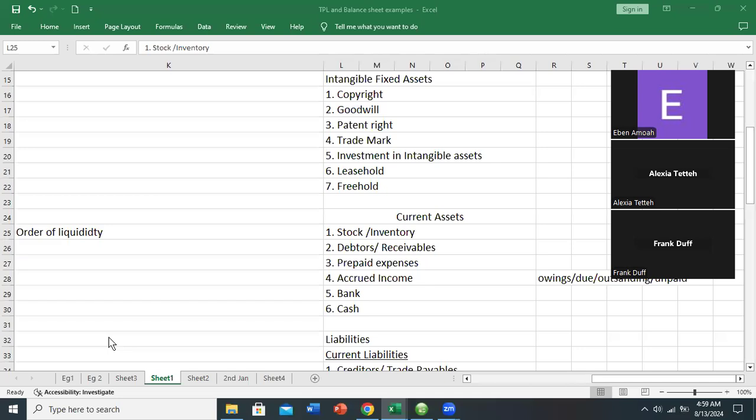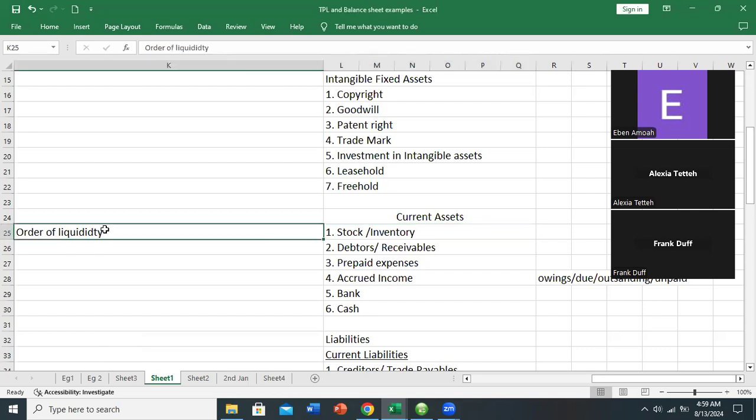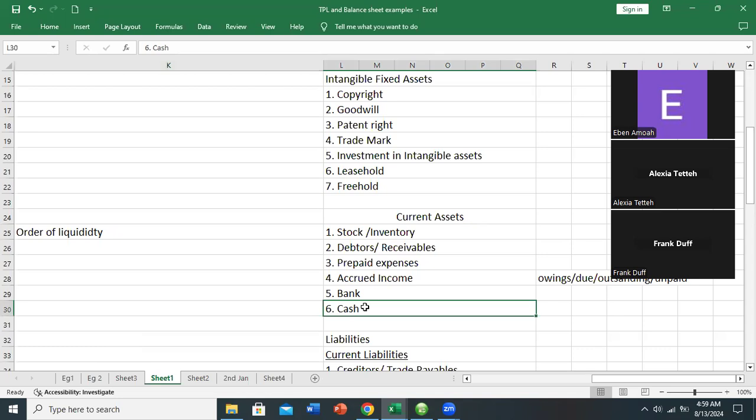When you are listing your current assets, you have to do it in what we call order of liquidity, where liquidity means how quickly you can convert that asset into cash. In realistic terms, cash is the most liquid asset because it is already in cash.